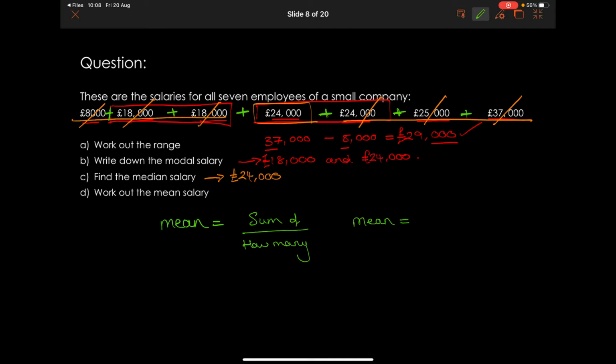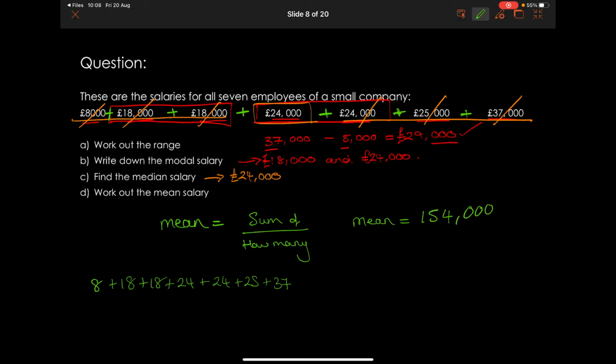So if we added them all together, you could use a calculator. This could be on a calculator paper, and if it is, that's fine. If not, you could have just done 8 plus 18 plus 18 plus 24 plus 24 plus 25 plus 37. You could have worked that out on paper. It would have given you 154.